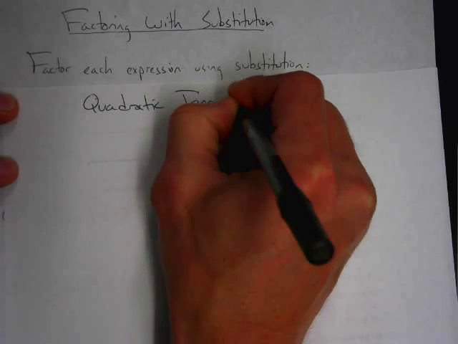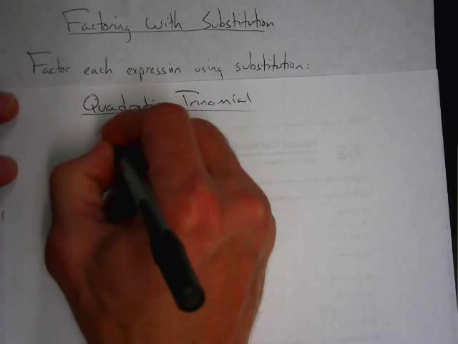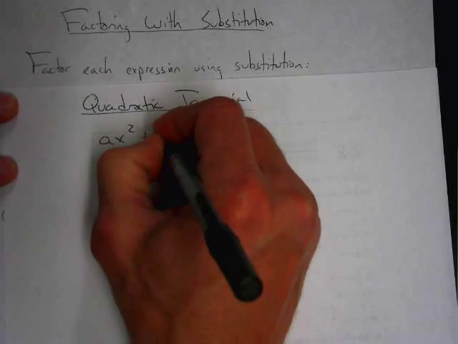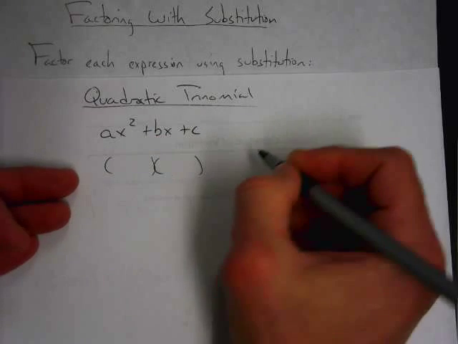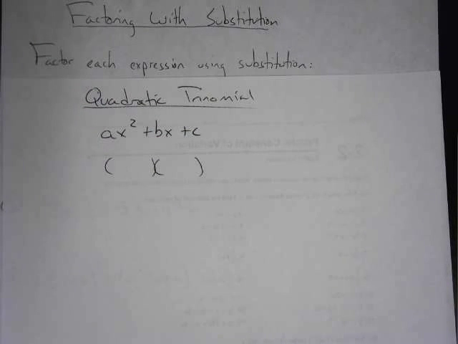The quadratic trinomial was in the form of ax squared plus bx plus c, and we learned all of the different methods to factor that trinomial to express it as a product of 2 binomials. And we can use substitution as a way to do that.